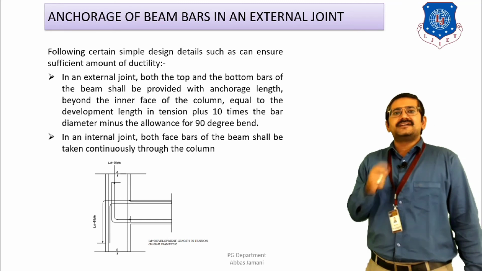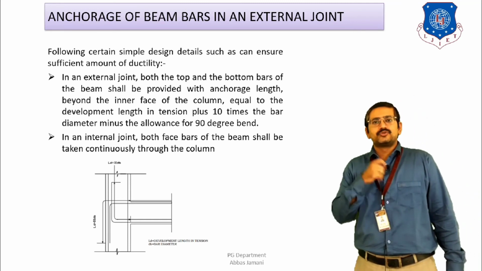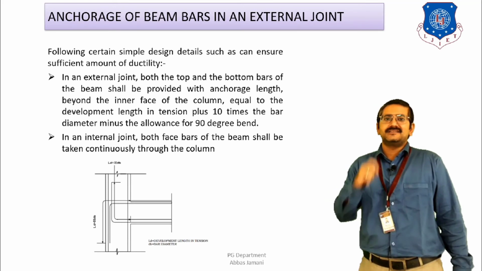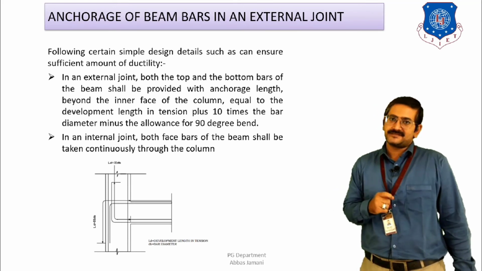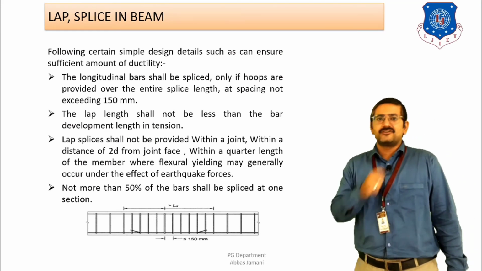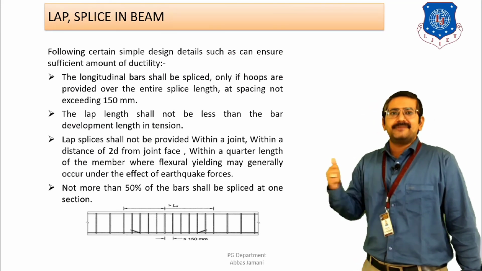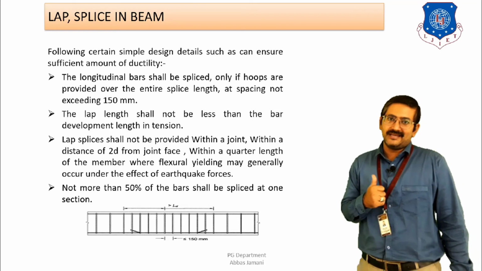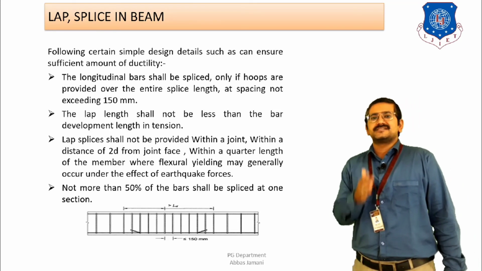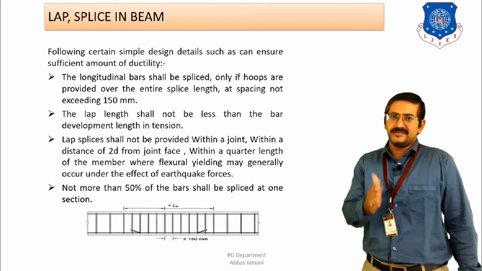And in case of internal joints, the bar should pass through and through the column joints, and at that particular junction the lapping of bars should not take place, right? So that is what we have discussed in the last slide, that lapping of bars is also important. Regarding lapping, the code gives you guidelines that there are certain locations where lapping is preferred, and certain locations where lapping or splicing should be avoided.